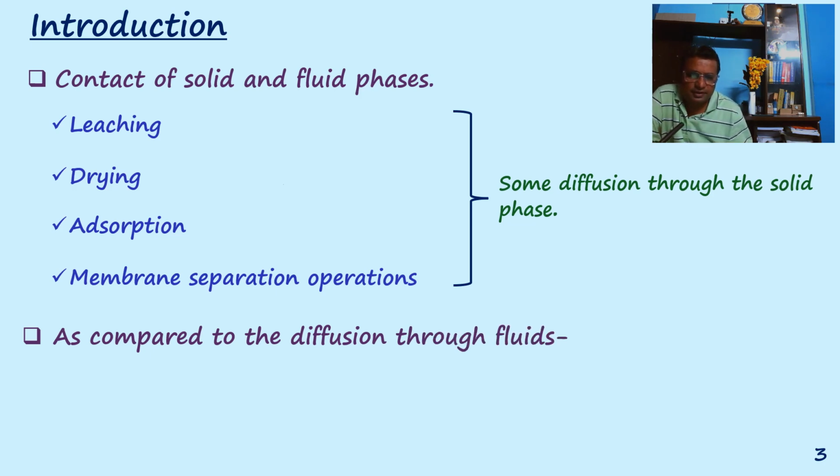Now let us compare diffusion through solids with diffusion through fluids. Now we are understanding diffusion through solids. Earlier I have discussed diffusion through fluids. So how to compare these two?